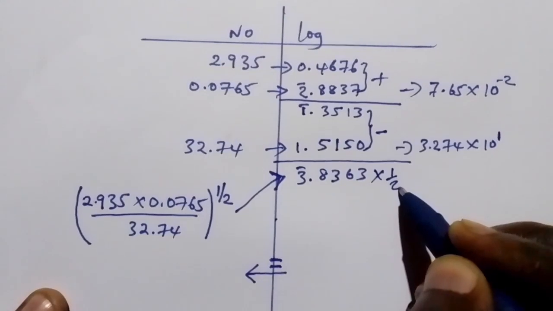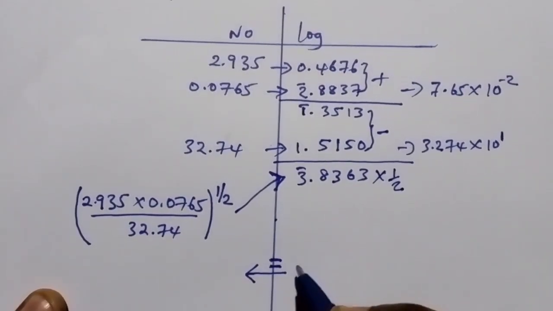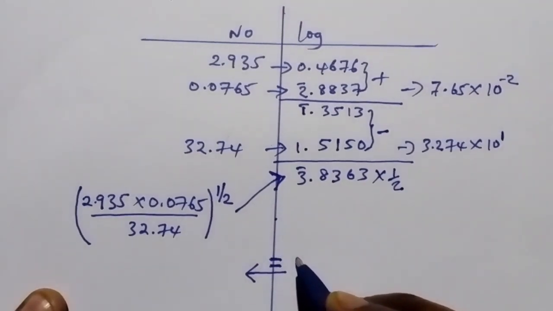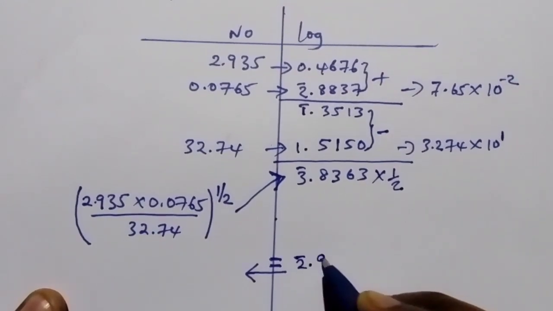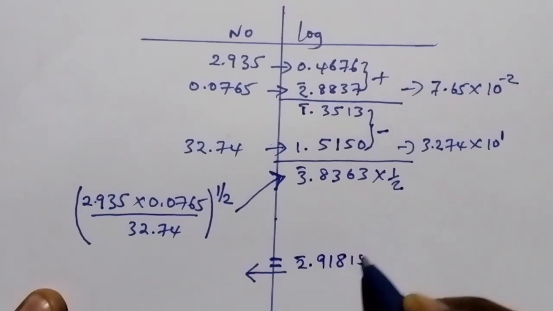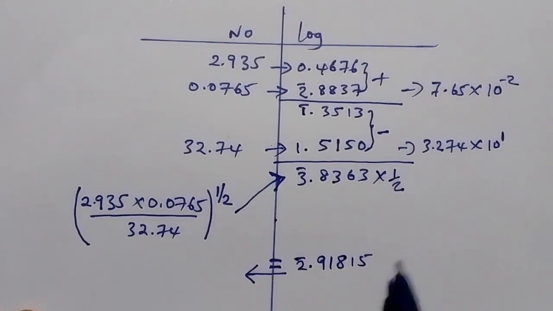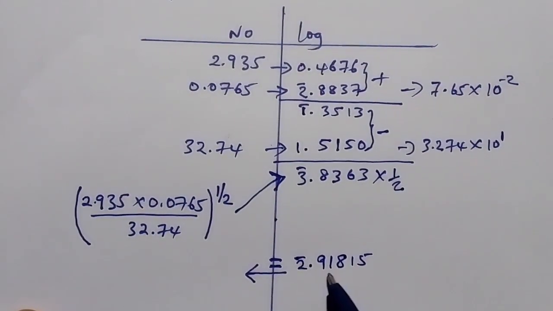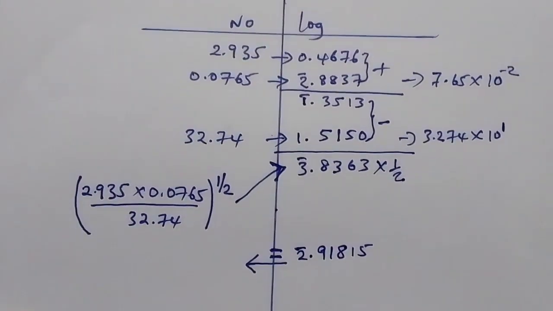When we multiply it by a half, we are going to end up with bar 2.91815. So now we want to get the antilog of bar 2.91815 from the antilog table.